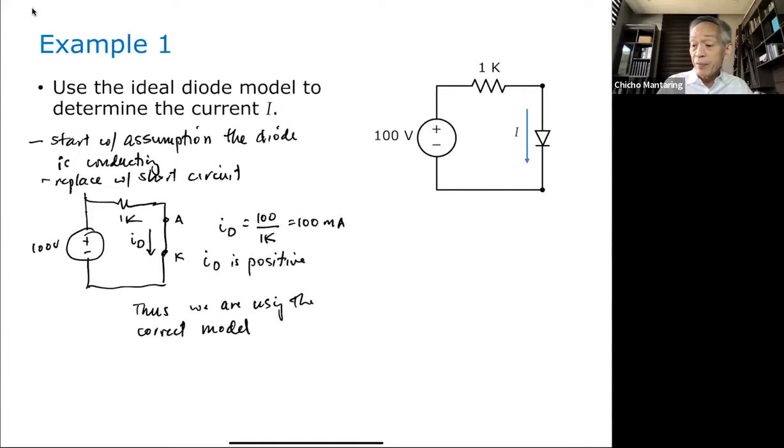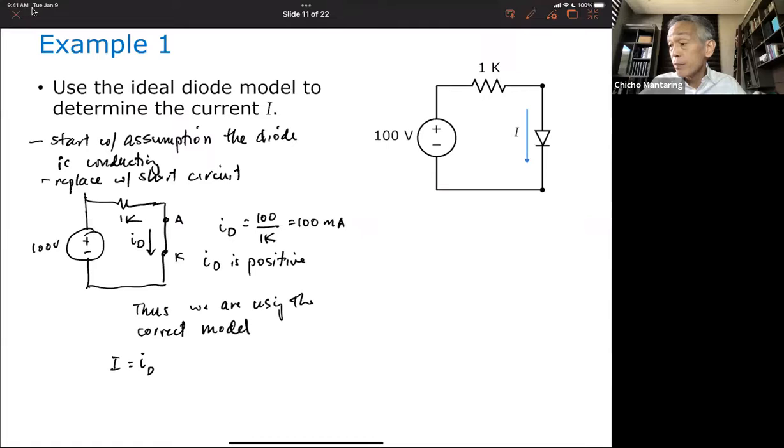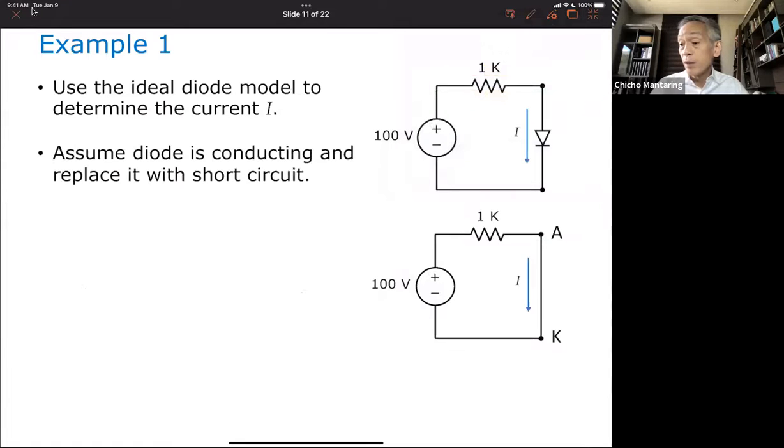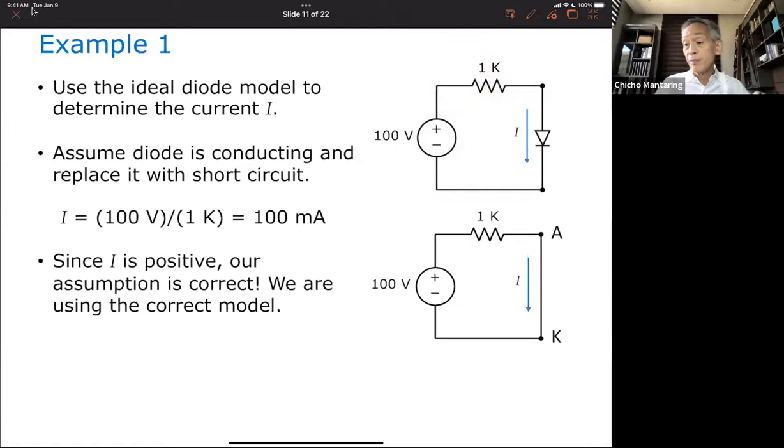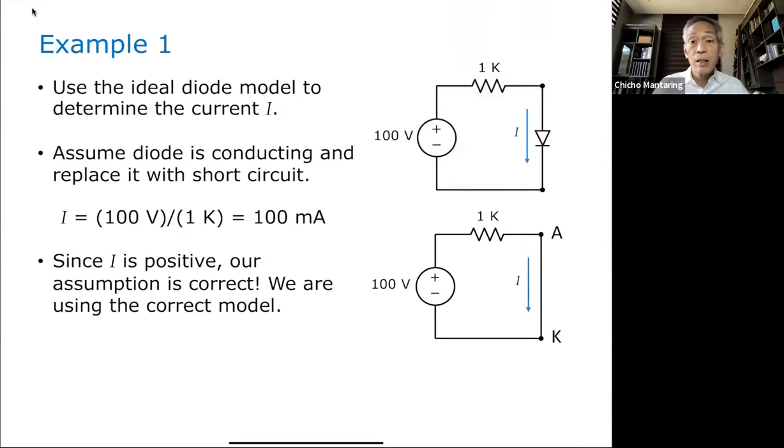And I will just be equal to I of D. Any questions with regard to this example? Very simple, no? Very easy.